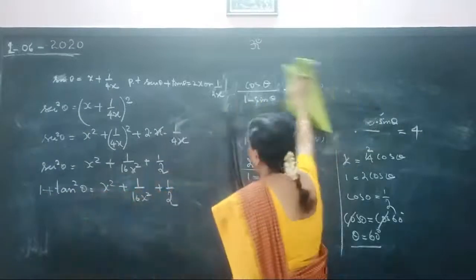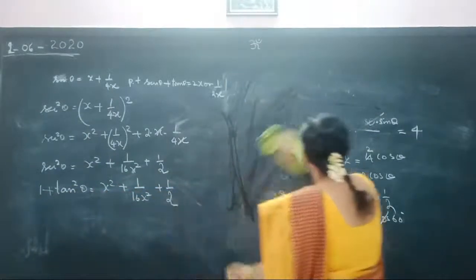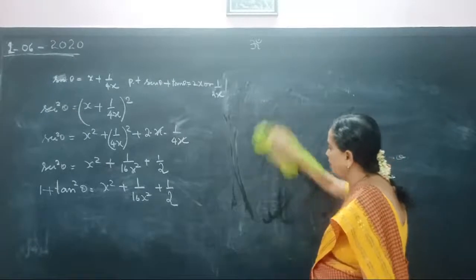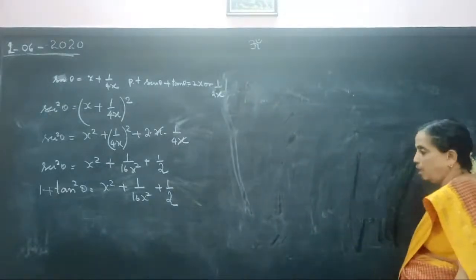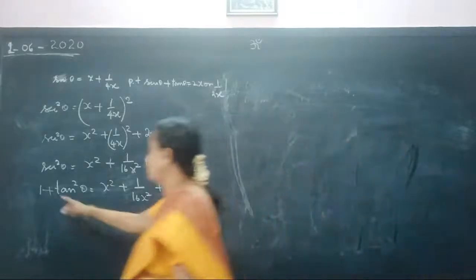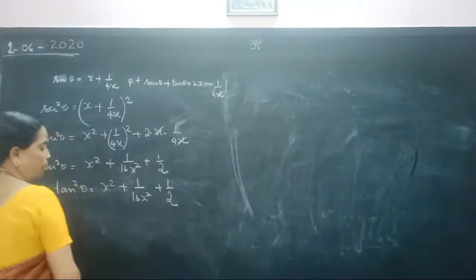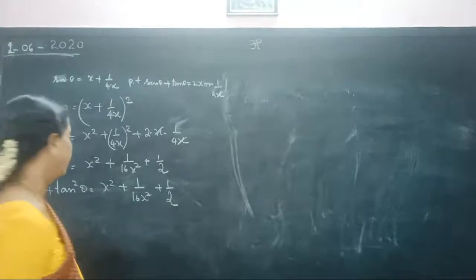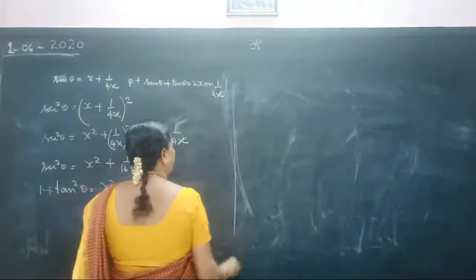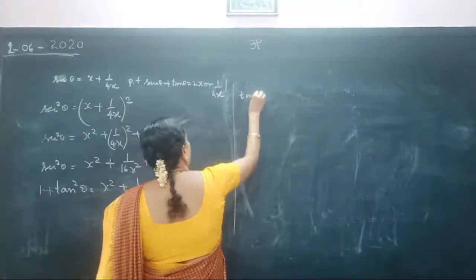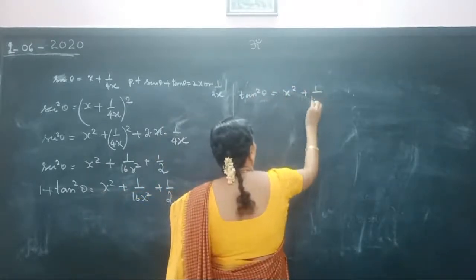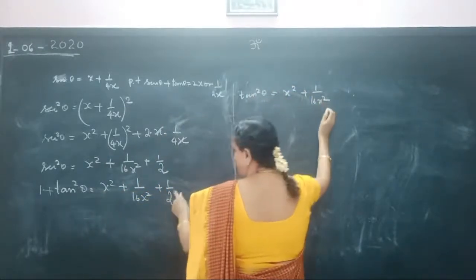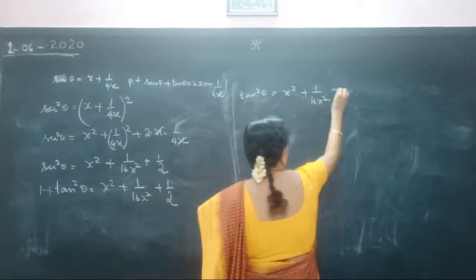Next, when 1 plus tan square theta is so much, what is tan square theta? We transfer plus 1 to the RHS. Tan square theta equals x square plus 1 upon 16 x square plus 1 by 2 minus 1.